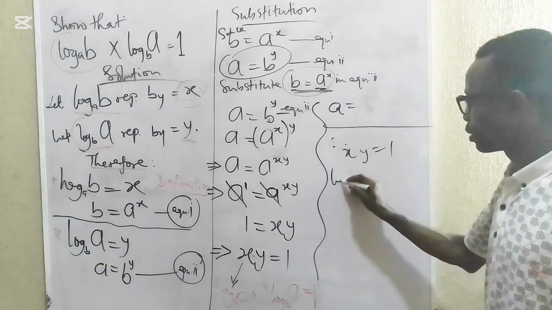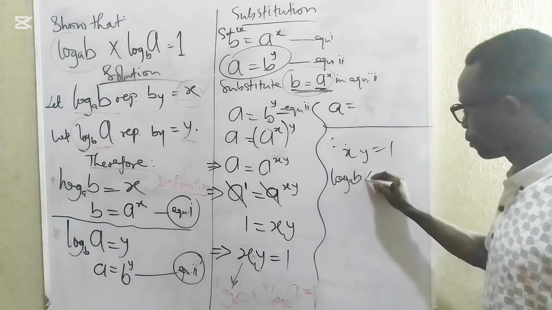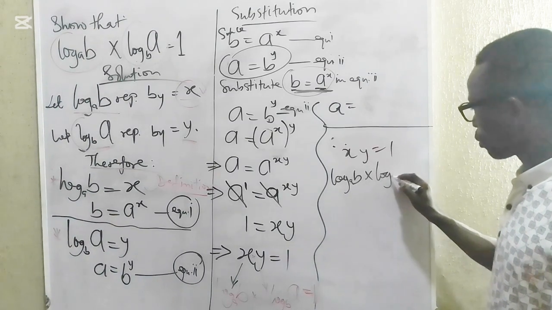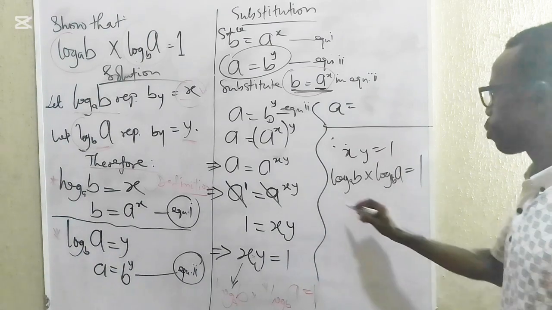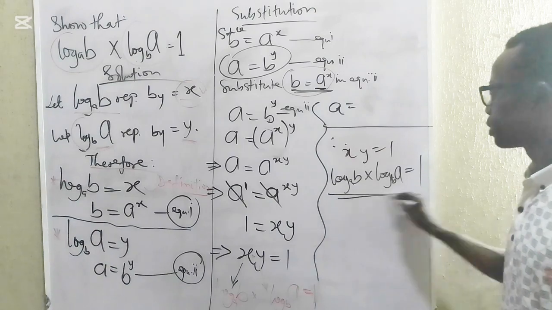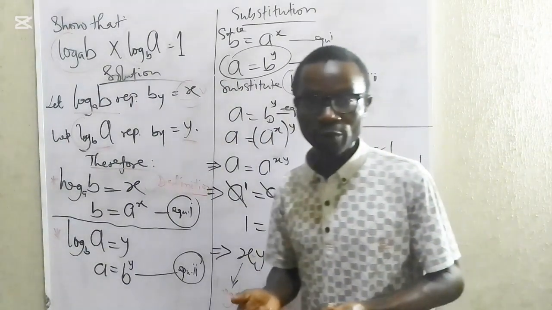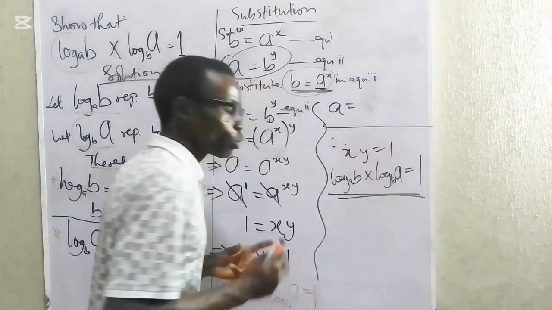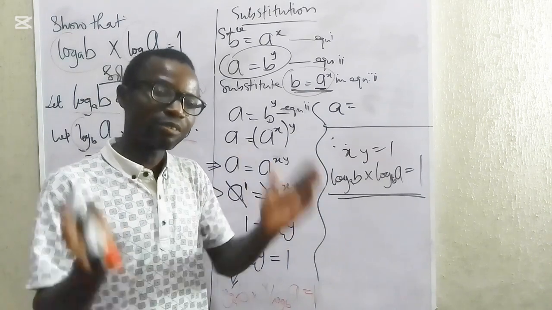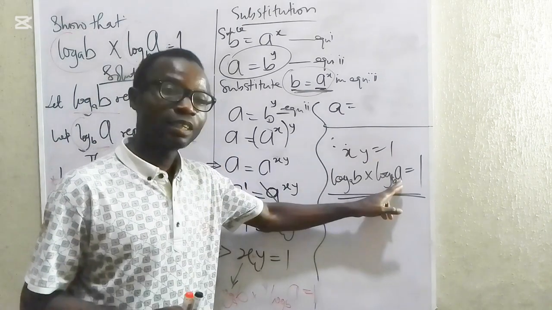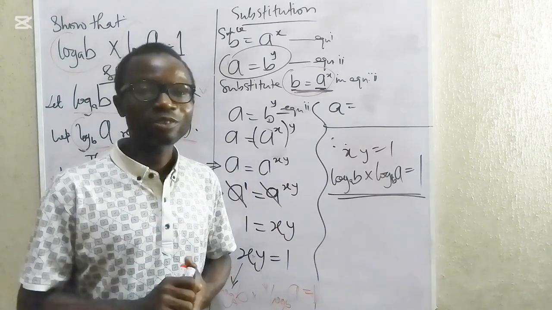If we bring everything together, we have log of b in base a multiplied by log of a in base b equals 1. We have been able to prove that this is a law, a reciprocal law: the log of a number to a particular base multiplied by the reciprocal, the reversal of the number and the base, will always give you 1.